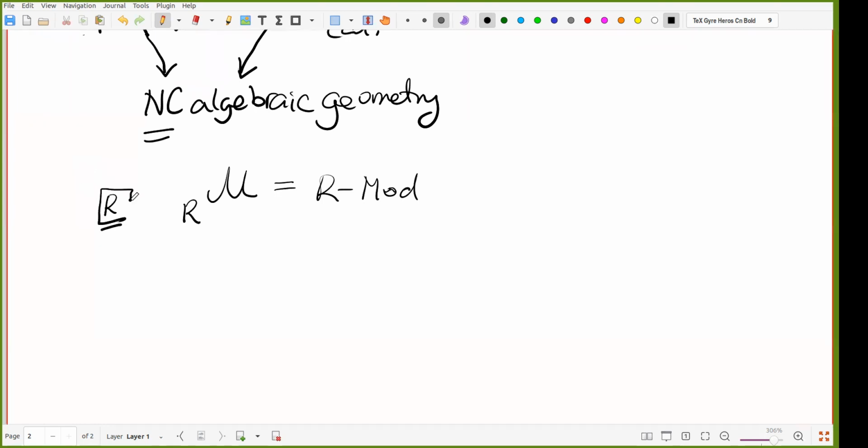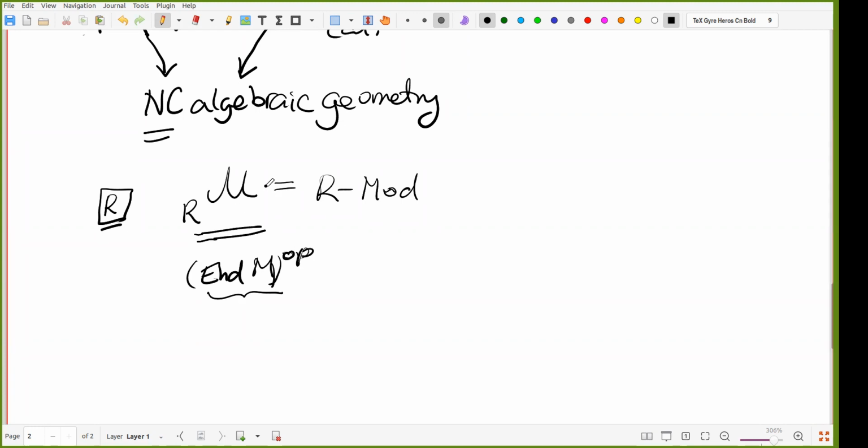So I really want to have not only a category, but I want to distinguish one object in this category. You see, if you have a projective generator here, that is, a finitely generated projective module, then take endomorphisms of this module, M opposite, if I'm working with left modules, and this will have a natural structure of a ring, and this is exactly the ring R. This is a reconstruction.